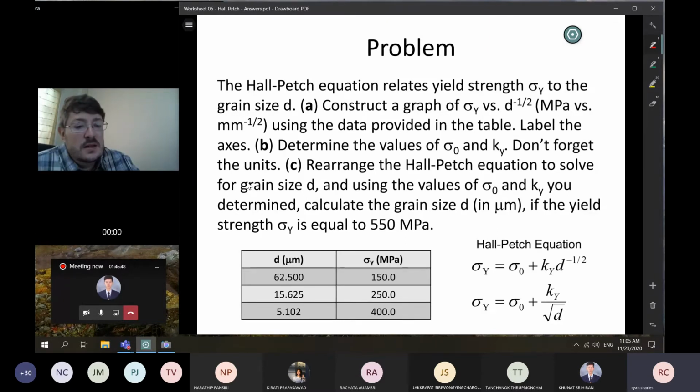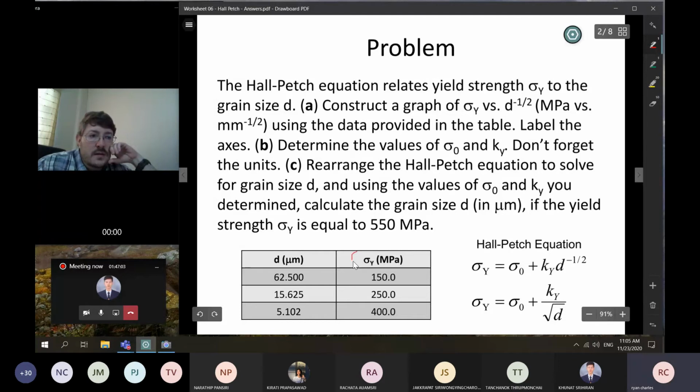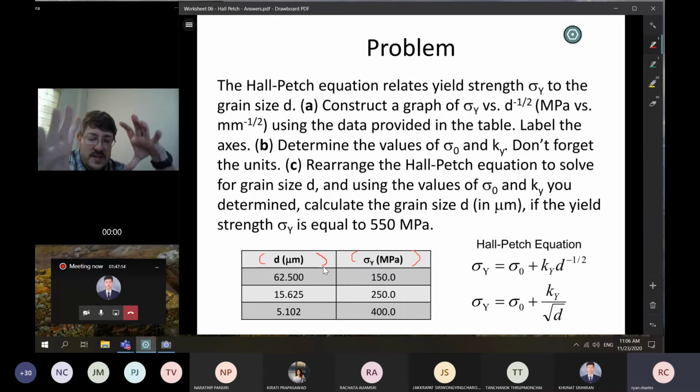So this is that Hall-Petch problem. This is back just after the midterm. It was found a long time ago that the yield strength of metal is often correlated with the grain size. Metals have crystals.